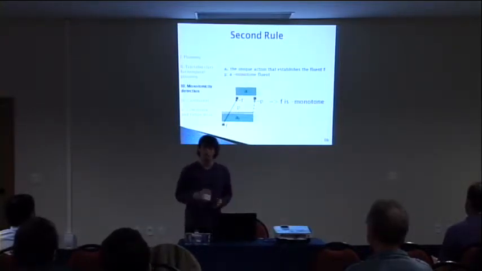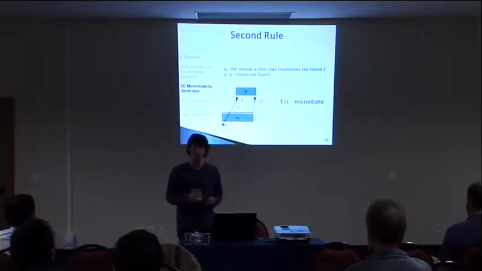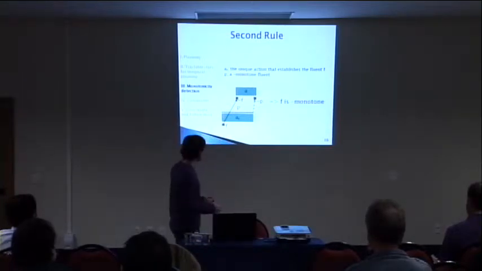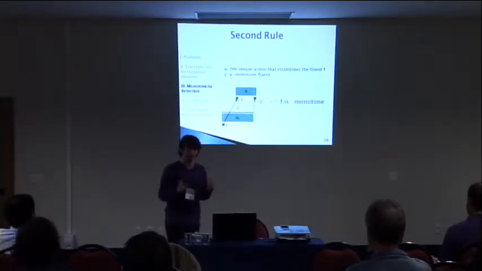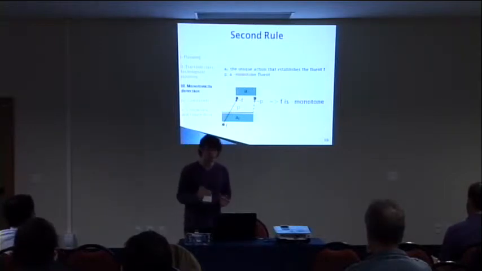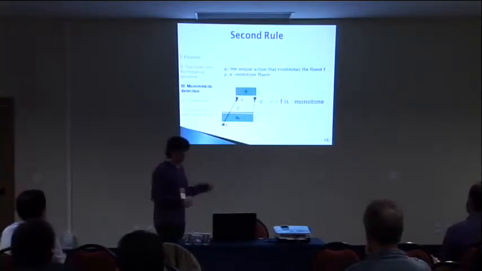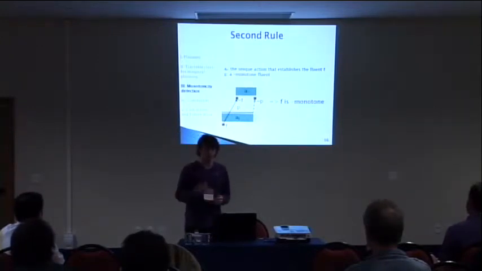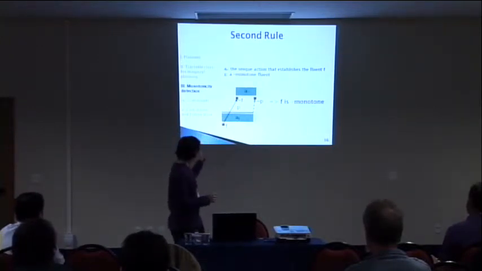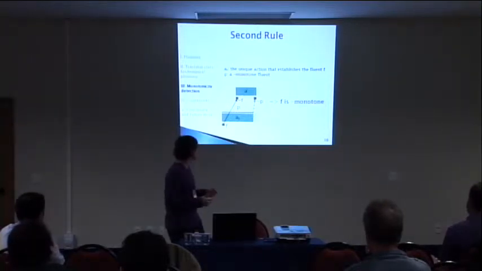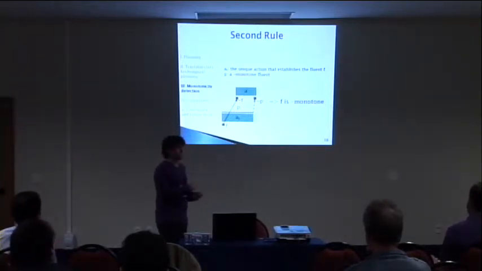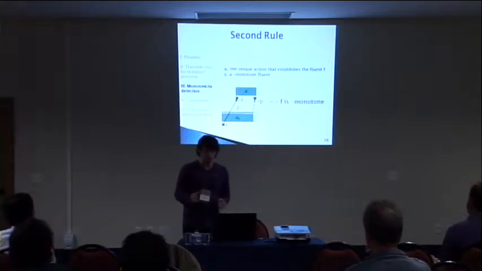If we have AF, the unique action that establishes the fluent F, and P, a minus monotone fluent, and the duration of the action A is inferior to the duration of the action AF, then we see here that P is a condition for AF, and F is established by AF. So if the action A is used, we destroy the fluent F and we destroy the fluent P.